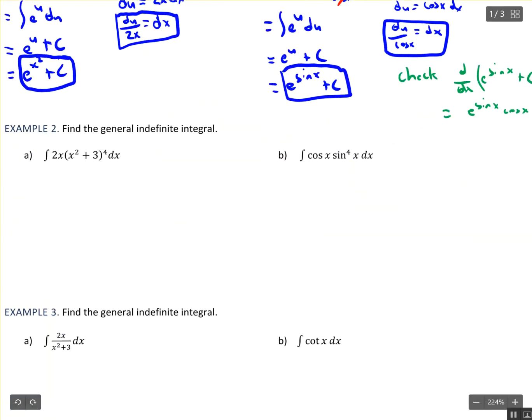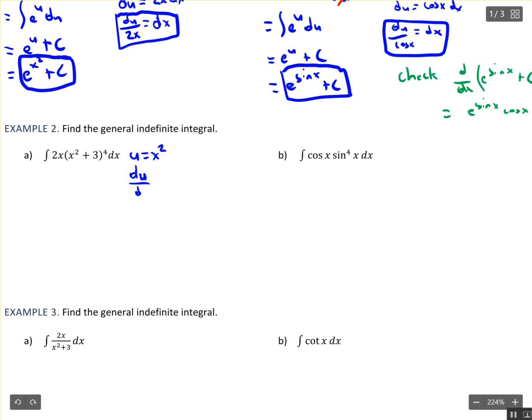All right, so let's take a look at this one here. Do we see something whose derivative appears somewhere else? Well, the derivative of x squared is 2x. So I think I might pick x squared. Now, the issue is, if I pick u equals x squared, then when I get du, let me just run through this.